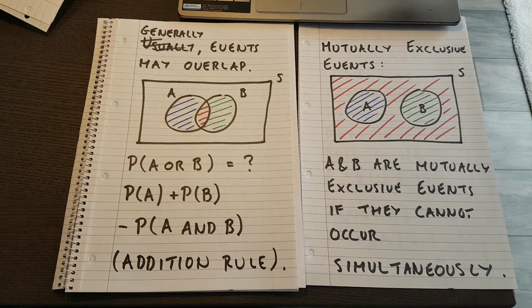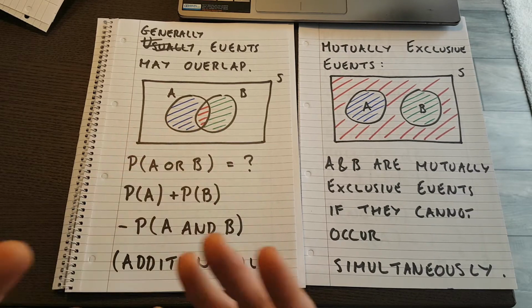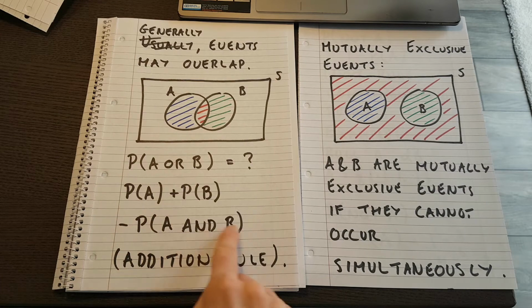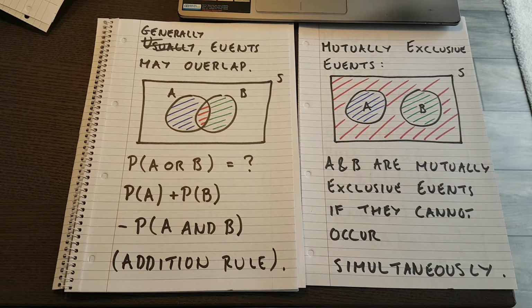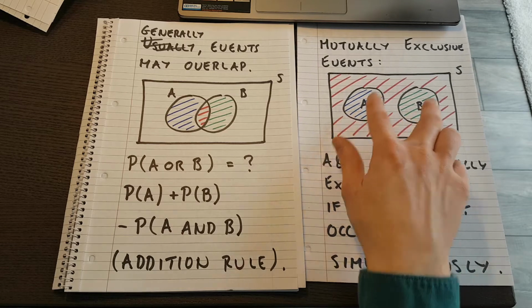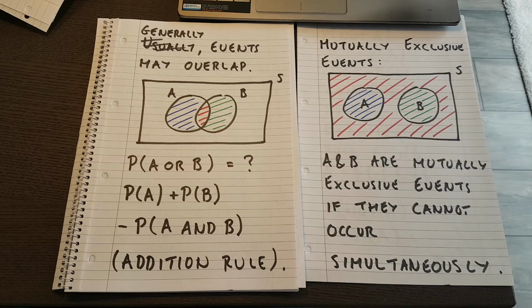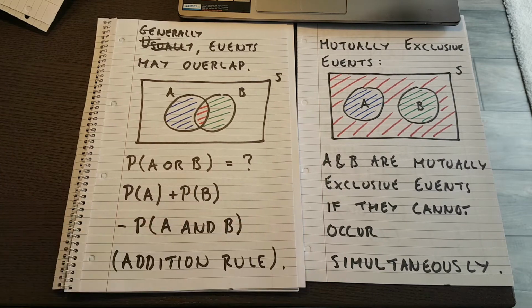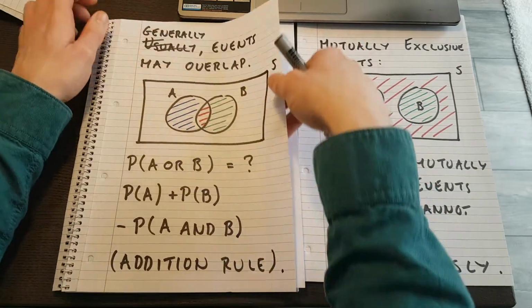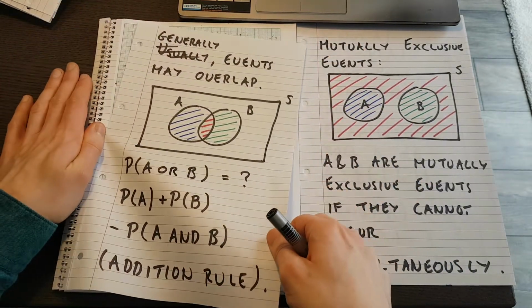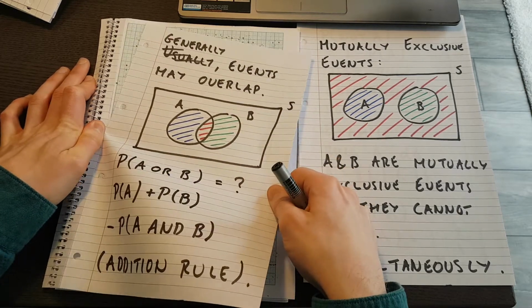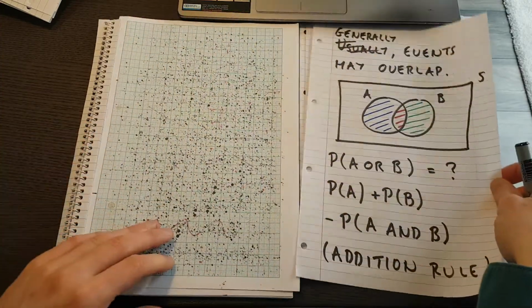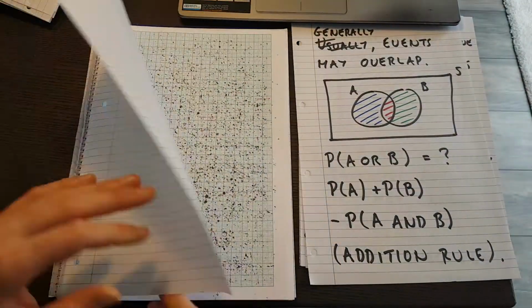Here's an important thing to notice. When there is an overlapping section, a non-trivial intersection, I have to subtract away that intersection. But for mutually exclusive events, there is no middle section. So the probability of A and B occurring would just be 0, and I would just have the probability of A plus the probability of B. So what would that look like?